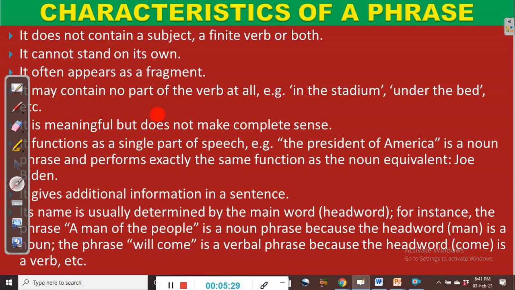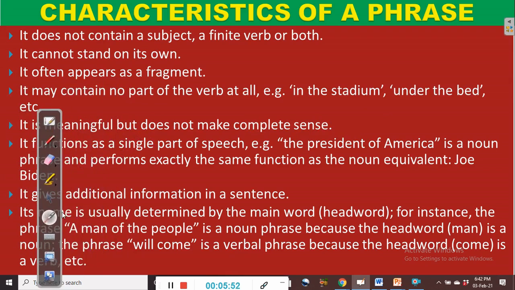We have said that it may contain no part of a verb at all. For example, in the stadium. Now look at the phrase in the stadium. This is a prepositional phrase. Under the bed, prepositional phrase, and so on. It is meaningful but does not make complete sense. This we have already said.